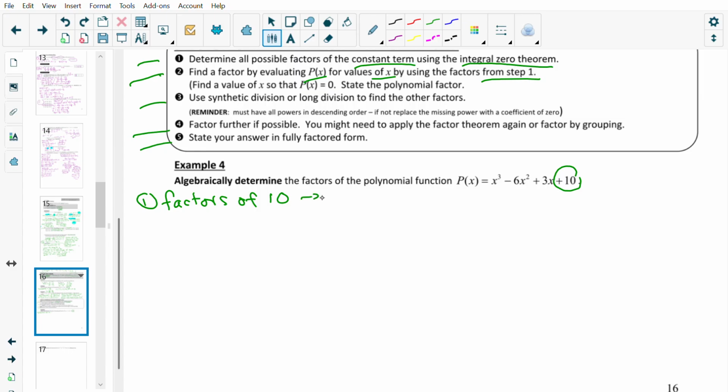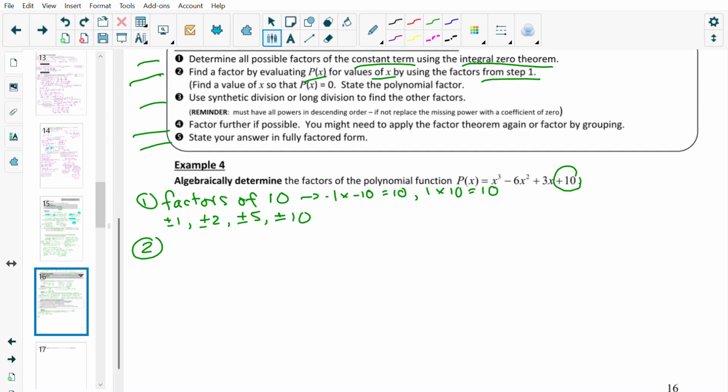Remember, as an aside, negative 1 times negative 10 equals 10. Also, 1 times 10 equals 10. Okay, so we have positive and negative values that matter. So factors are plus or minus 1, plus or minus 2, plus or minus 5, and plus or minus 10. So we've identified all the possible factors of the constant term.